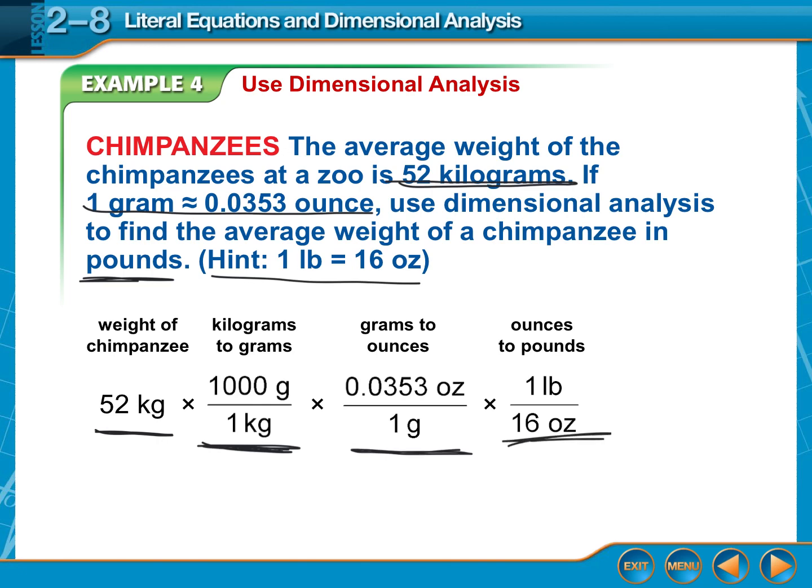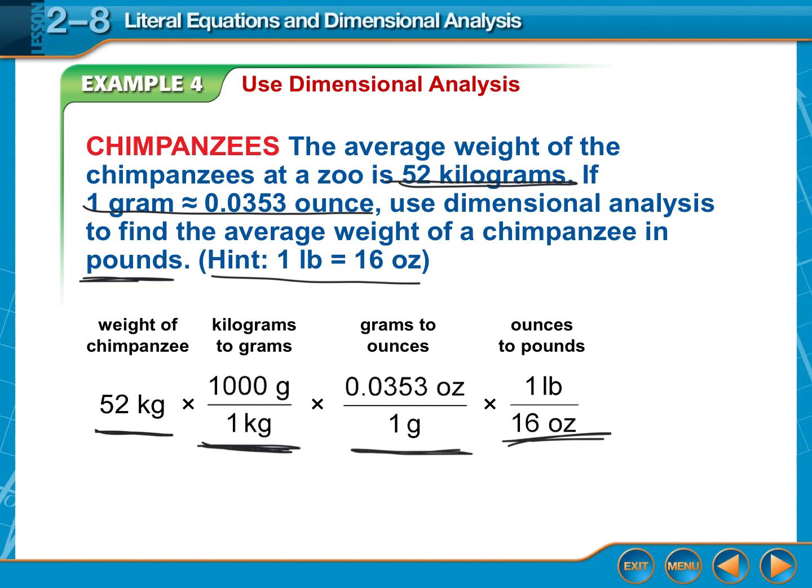Why do you think they set it up this way? Think of the labels. What happens to the labels when you multiply them? How do we get from kilograms to pounds, though?